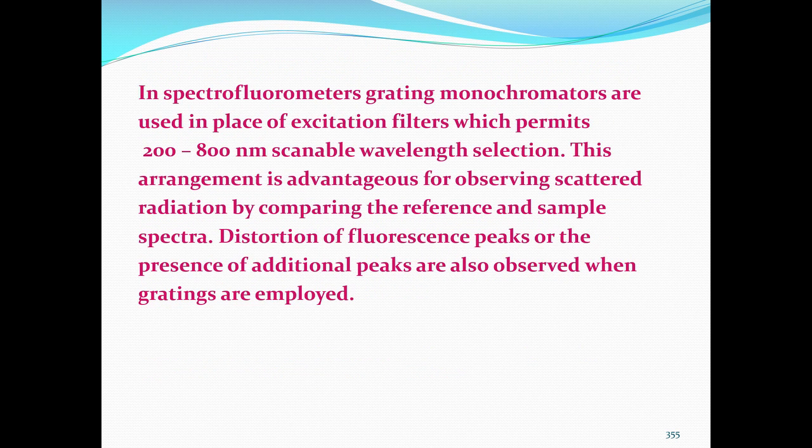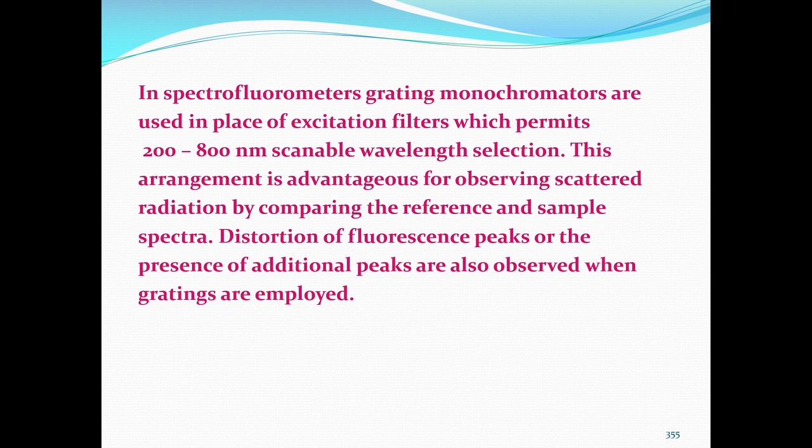Grating monochromators are used in place of excitation filters, permitting 200 to 800 nanometer, which is where you get maximum fluorescence for most organic compounds. Sometimes distortion also occurs whenever gratings are employed, so we have to be very careful.